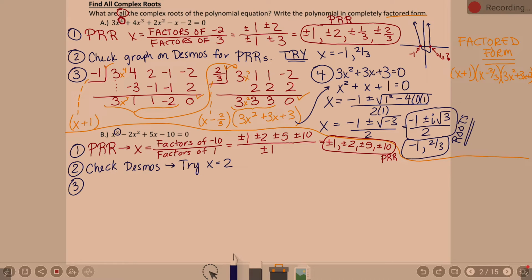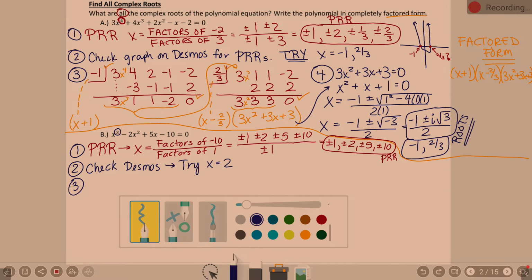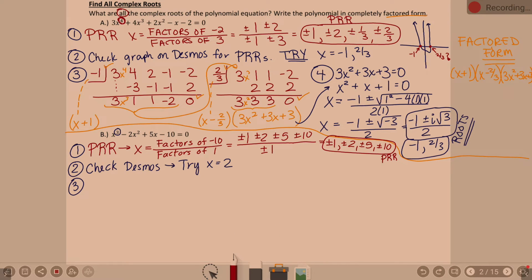Step 3 is to use synthetic division. Next to 2, I'm going to have 1, -2, 2, 5, -10.